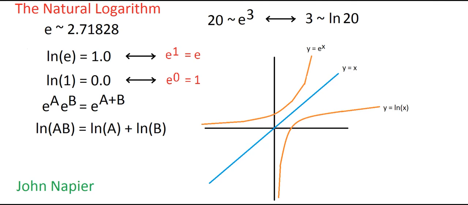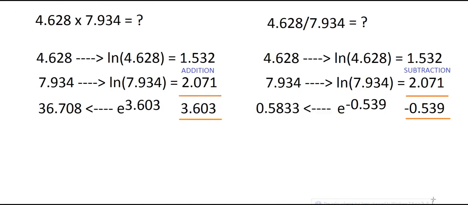Now, let's look at specifics. So to make these logarithm ideas a bit more concrete, I thought we'd do a couple of straightforward examples. I've just picked two numbers off the top of my head, 4.628 and 7.934.